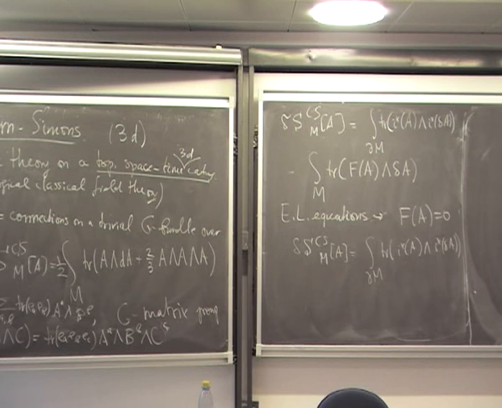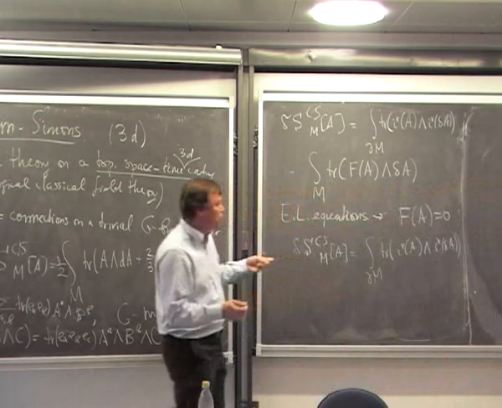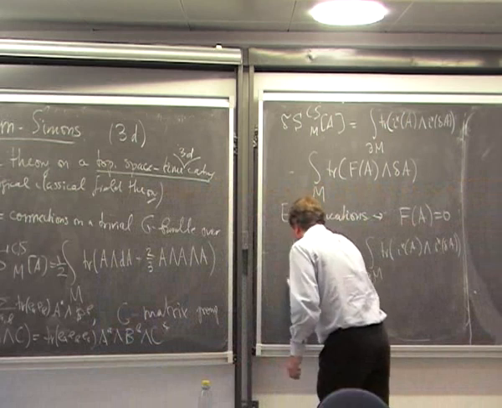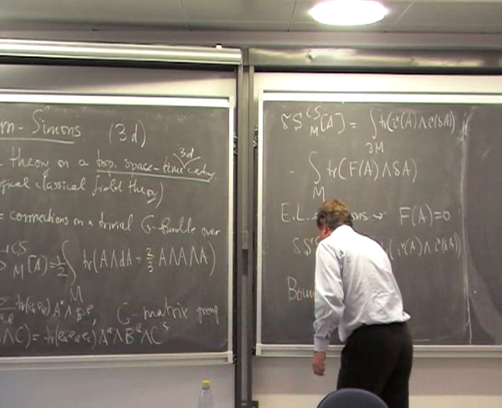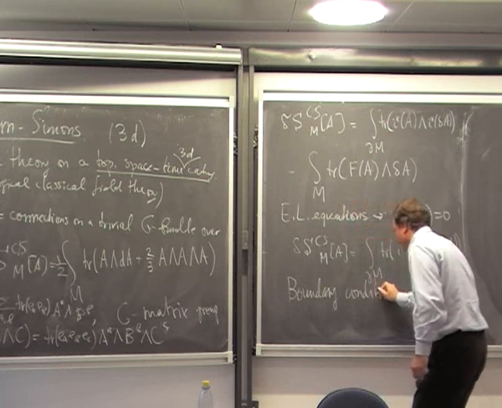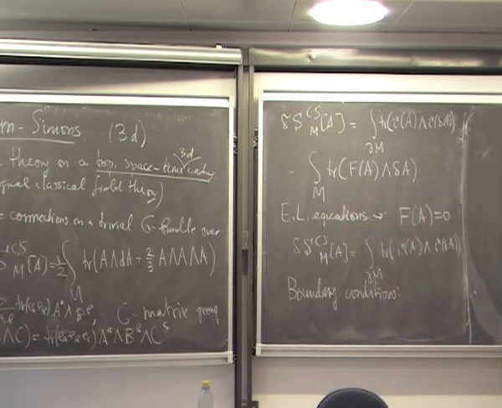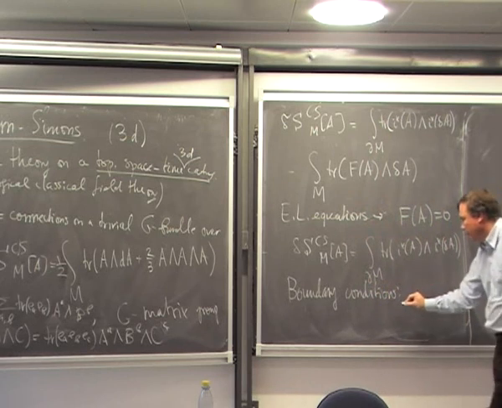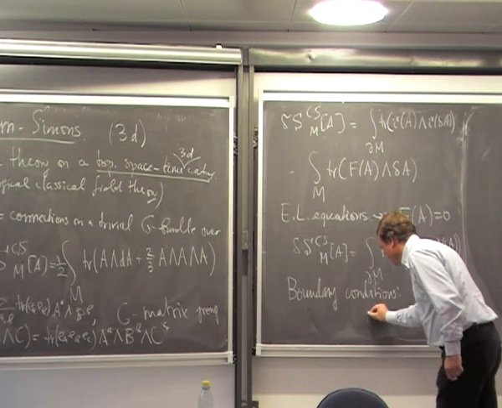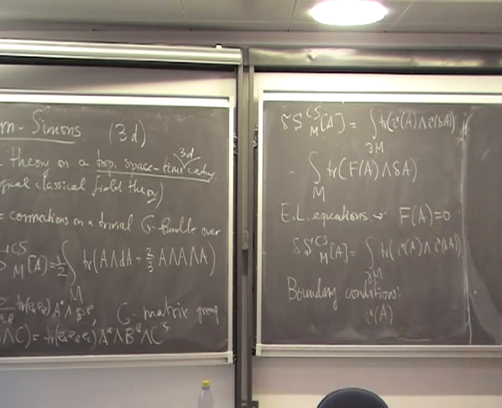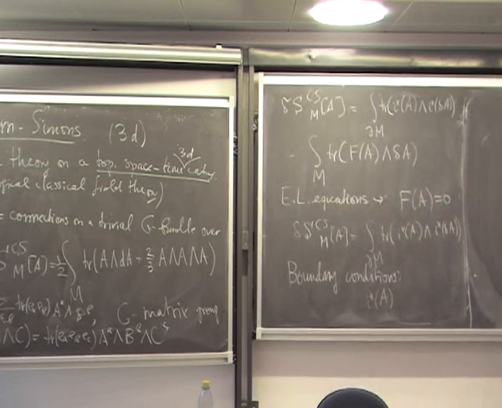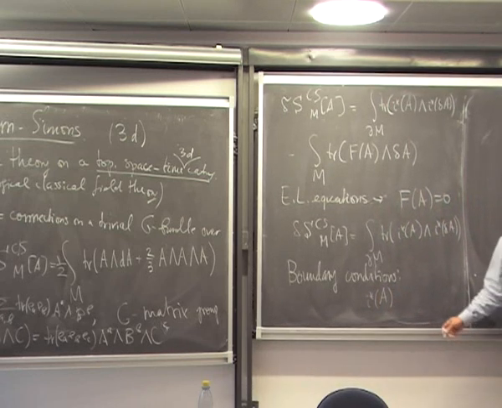So now the question is, how should we set the boundary conditions? Well, boundary conditions should be set in such a way that the restriction, and there is only one reasonable way to restrict a connection to the boundary, is just to take a pullback of the connection to the boundary.